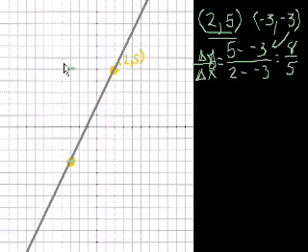Let's figure out what this distance is. That distance is delta y, which is change in y. So it's 1, 2, 3, 4, 5, 6, 7, 8.